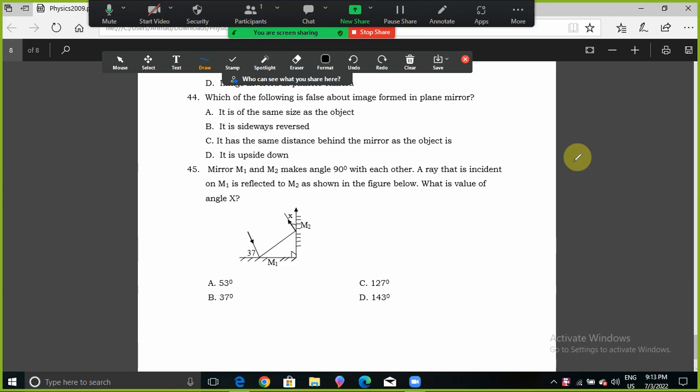Now what we have in this diagram is the mirrors and an angle of 90 degrees. Here, if you can see the same angle, 37 degrees here, and in the same place here, M2, it will be 37 degrees. The same thing. So the answer for question number 45 is B.